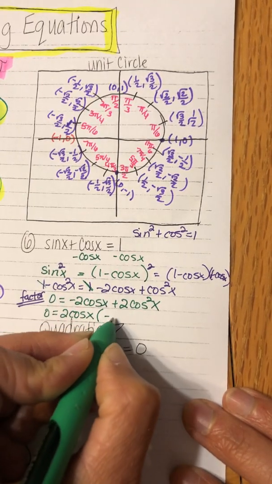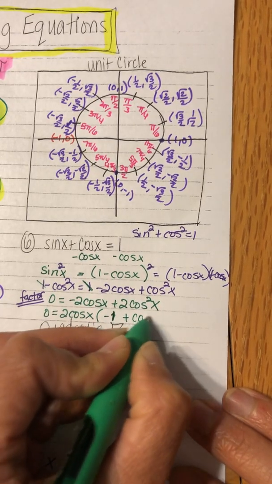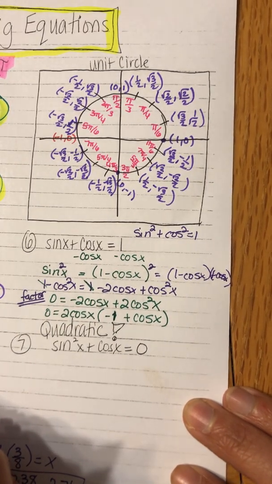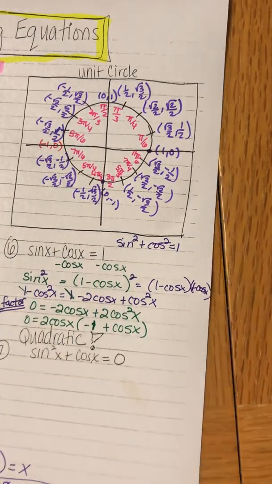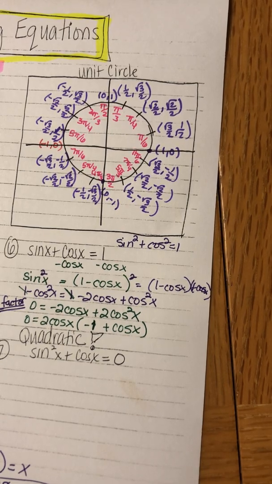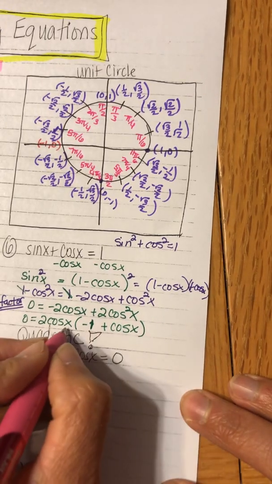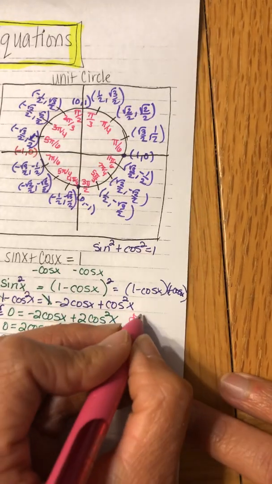So I'm going to have negative 1 plus cosine x. Okay, and then I can separate those 2 factors like we've learned. I'm going to switch colors to show that something changed. So I'm going to have 2 cosine x equals 0.